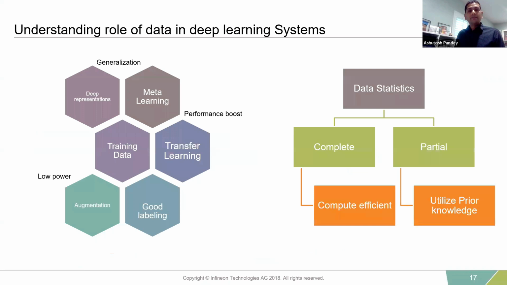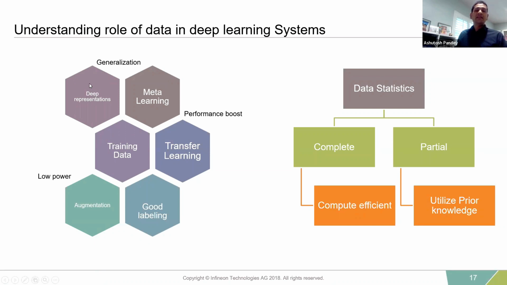So with that in mind, let's start with data a bit. We understand the role of data. In the machine learning community, there are many ways to handle data. You have augmentation, good labeling practices or creating great data sets, transfer learning, meta learning, deep representations, and probably a lot more.